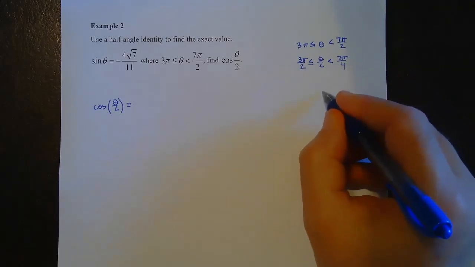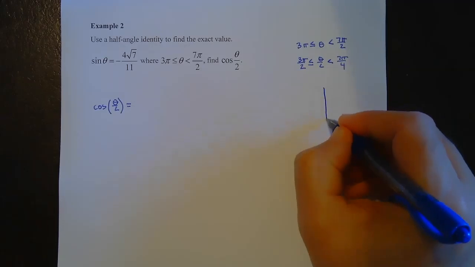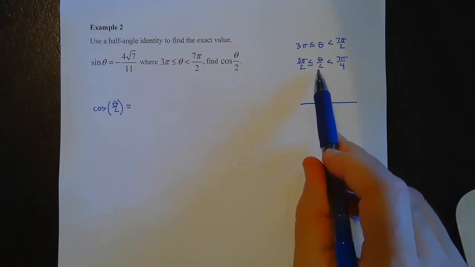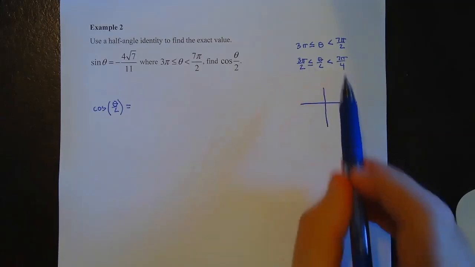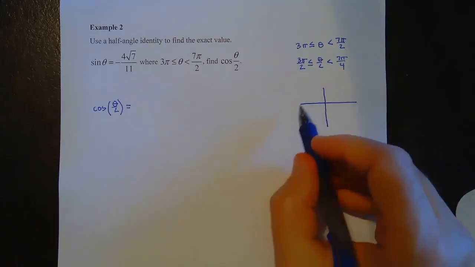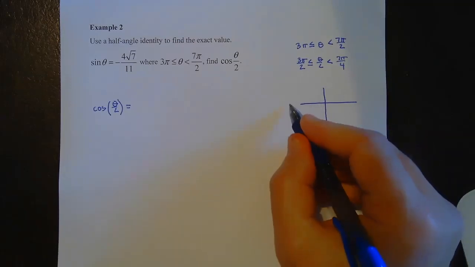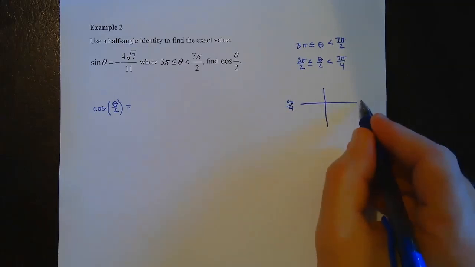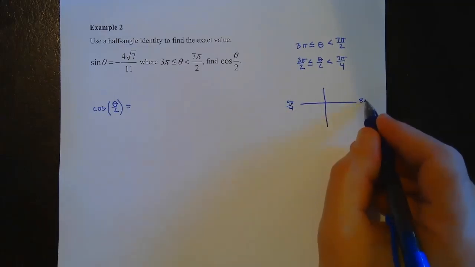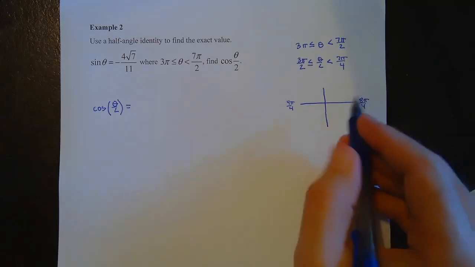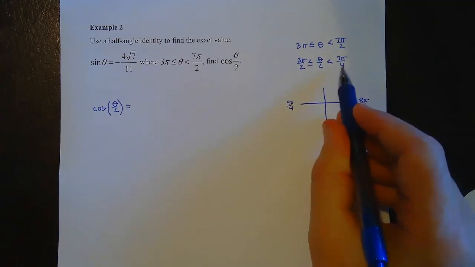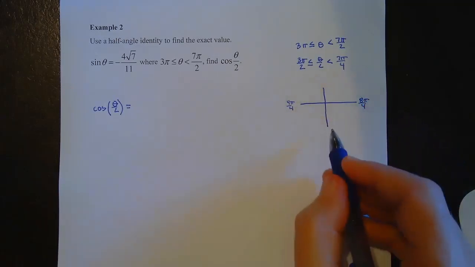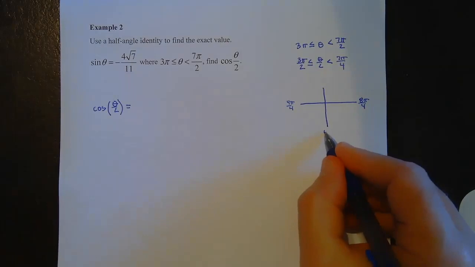I'm going to draw this in, because we're going to figure out where theta over 2 is. Theta over 2 is between 3 pi over 2 and 7 pi over 4. So this would be 4 pi over 4 right here, and right here this would be 8 pi over 4. The biggest we can be is 7 pi over 4, and right here would be 6 pi over 4.